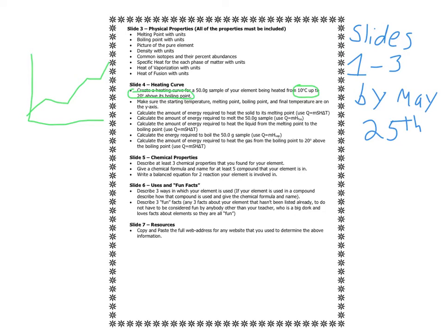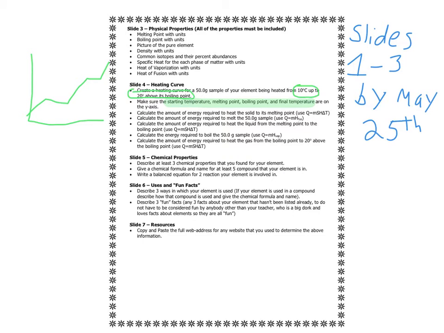So those of you who have solids, you're going to see it melt, and then you'll see the liquid heat up, and then you'll see it boil, and then it'll go up 20 degrees above its boiling point. You need to make sure that the starting temperature, melting point, boiling point, and final temperature are all on the y-axis.